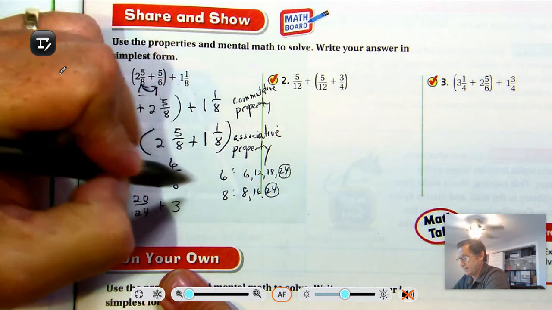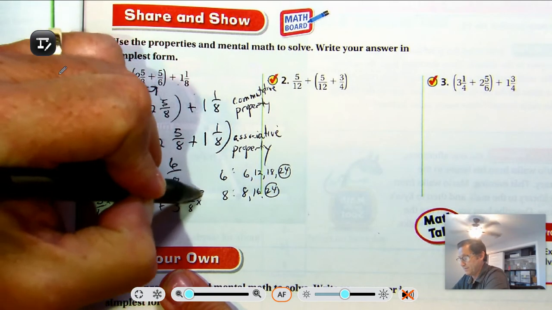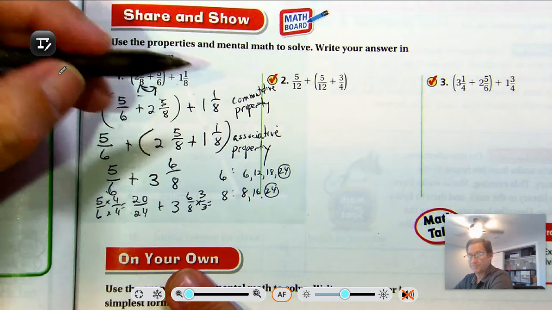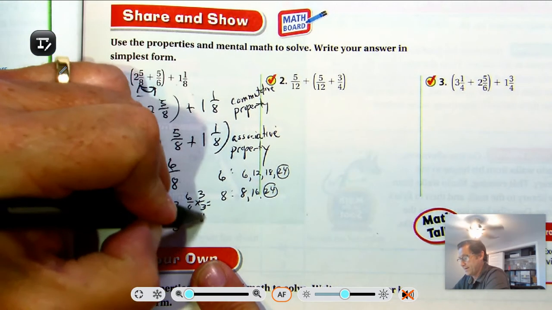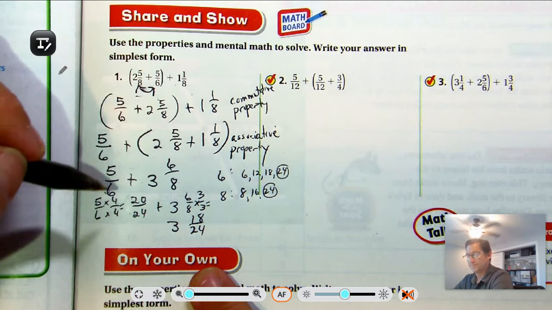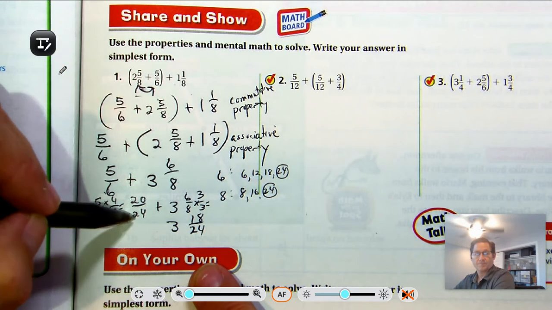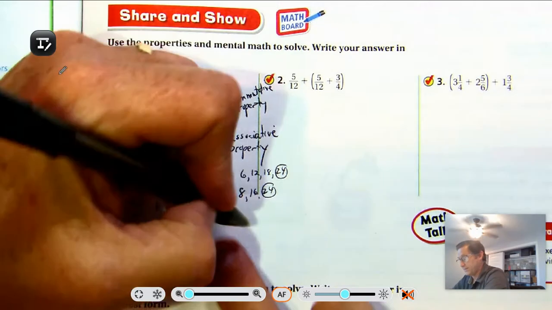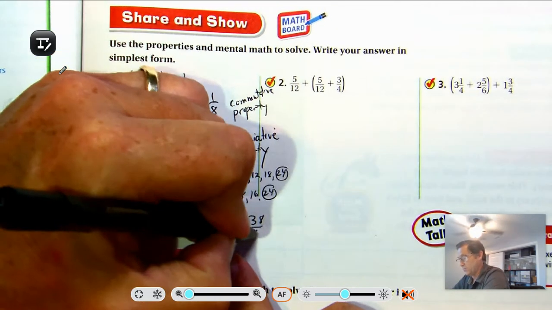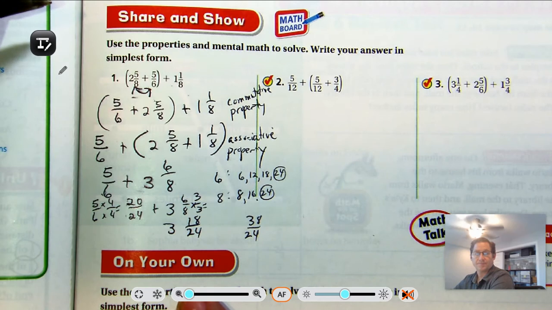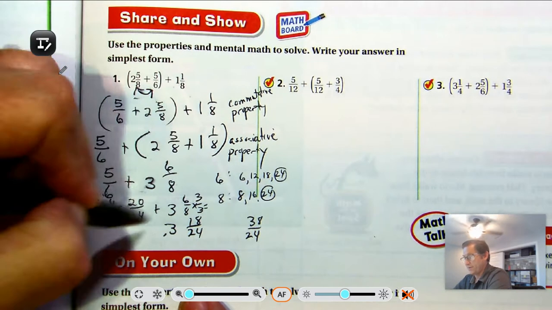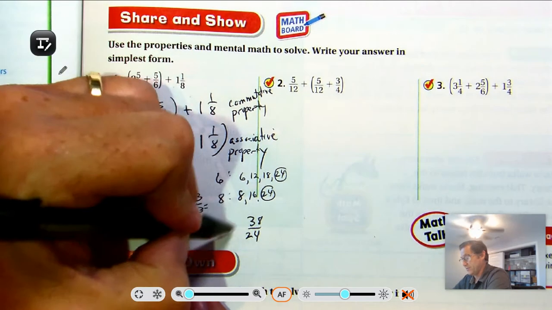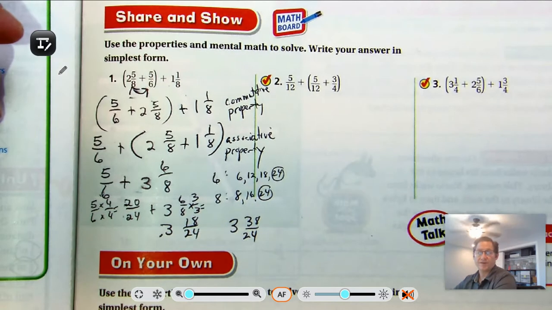Plus 3 and 6/8 times 3 thirds would give us 3 and 18/24. 20/24 plus 18/24 is 38/24. 3 plus nothing is 3. So we have 3 and 38/24.